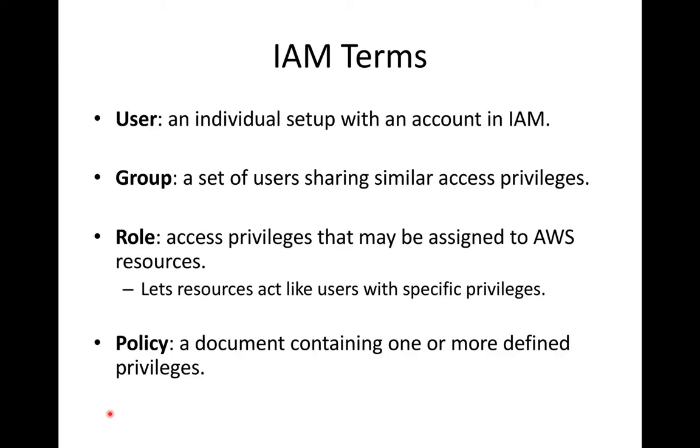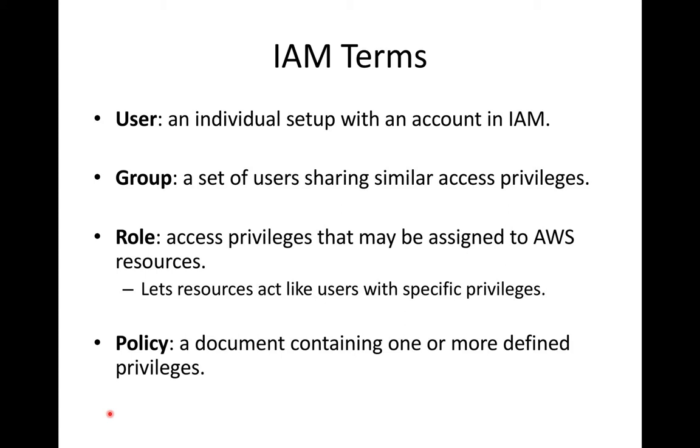Before we jump into the identity access management dashboard, there are a handful of terms that you need to know. The first is user. A user is an individual account that is set up within identity and access management. Typically, members of your organization would each have their own individual user account in AWS.